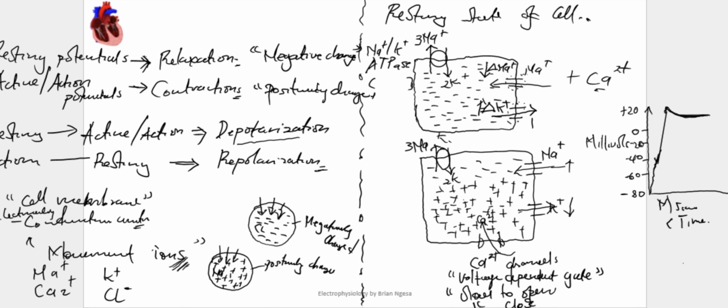The wave of depolarization does not normally stay for long. So we've had the entry of sodium and calcium, limiting the exit of potassium. This will be followed by the repolarization wave. When the repolarization wave comes, the entry of sodium reduces obviously, and the exit of potassium actually increases.